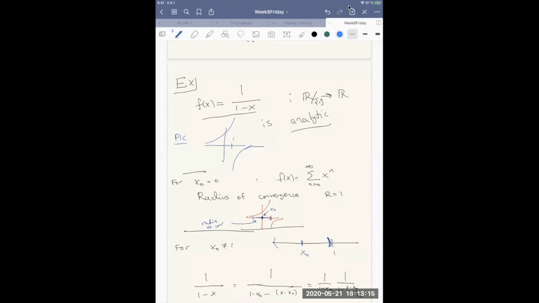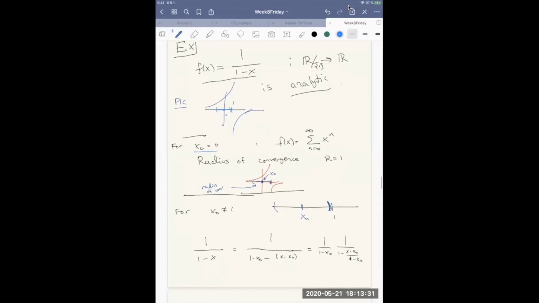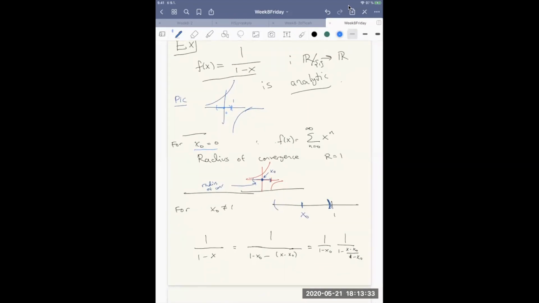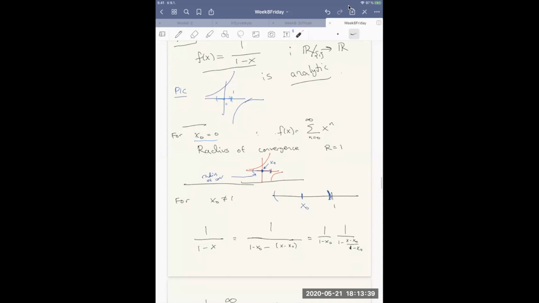But what you normally do is that, okay, if x0 is 0, so if you're centered at 0 here, then you have the familiar power series that converges up to 1, so for all x such that the absolute value is less than 1. It's just given by f of x equals the sum of x to the n, and this has radius of convergence 1, basically following what we did on Monday's lecture.